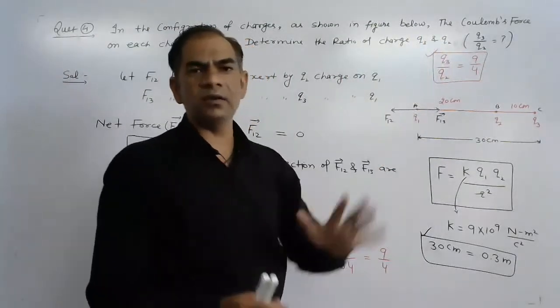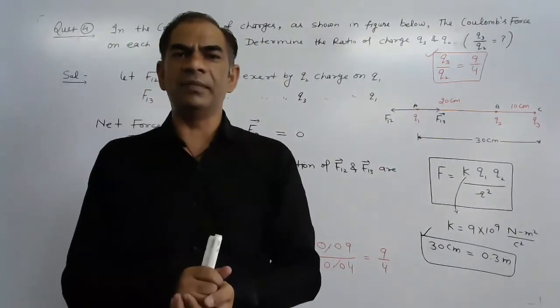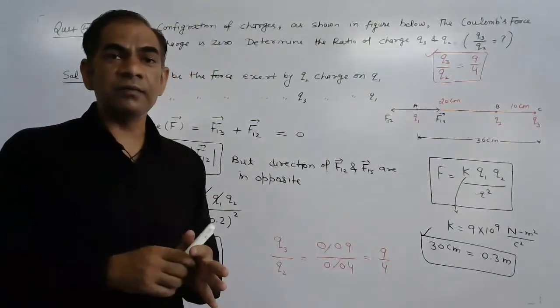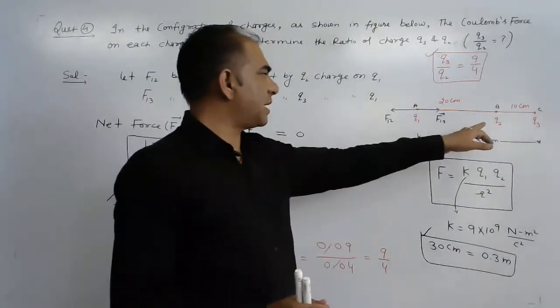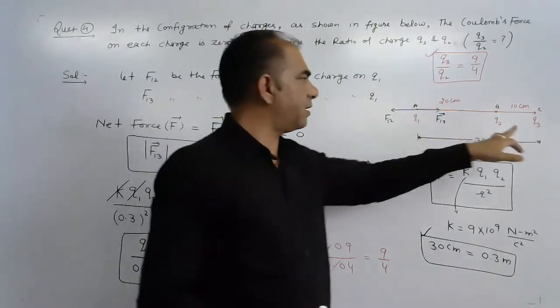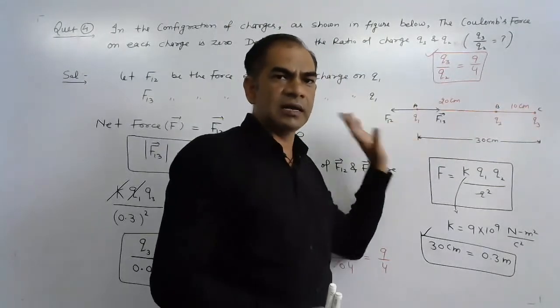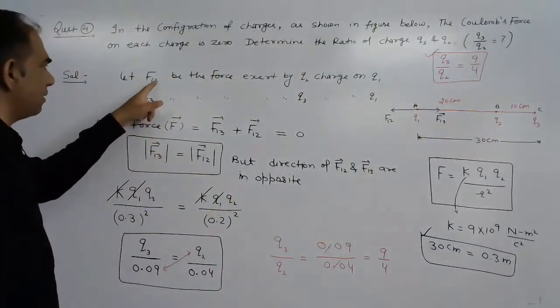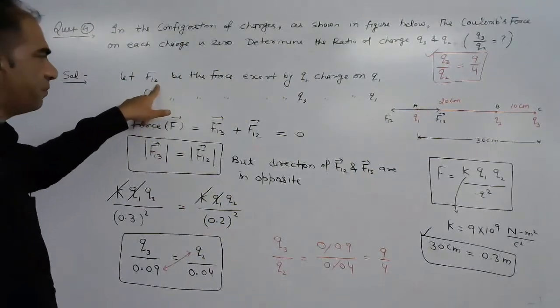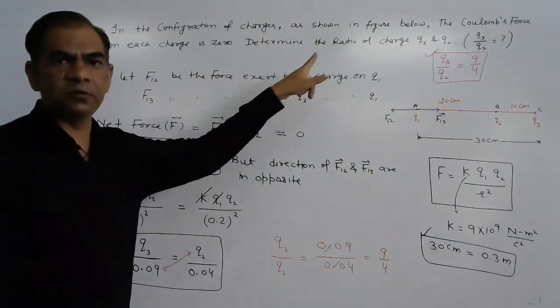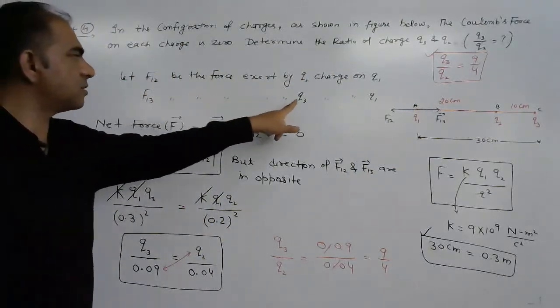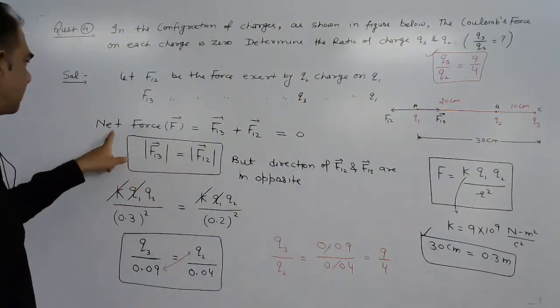Here the ratio is Q3 and Q2, so Q1 is eliminated. Here we calculate the force exerted by Q2 on Q1 and the force exerted by Q3 on Q1. Here I represent F12, the force exerted by Q2 on Q1, and F13, exerted by Q3 on Q1.